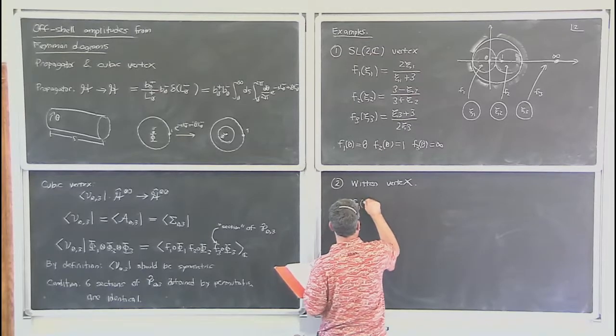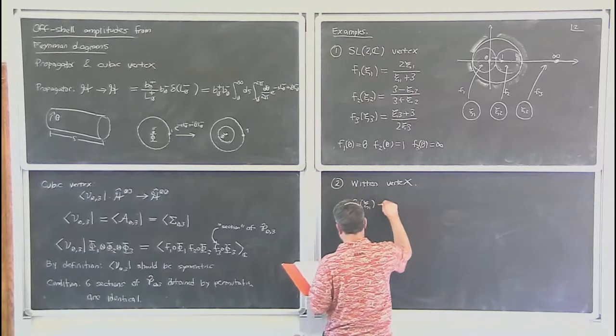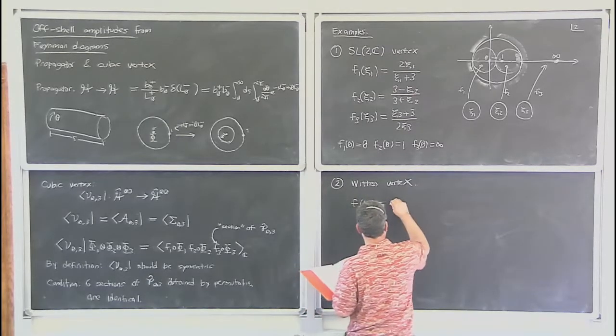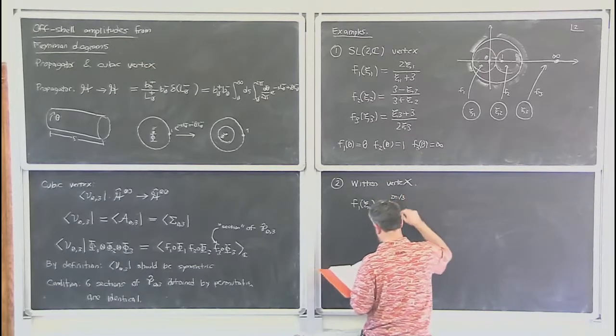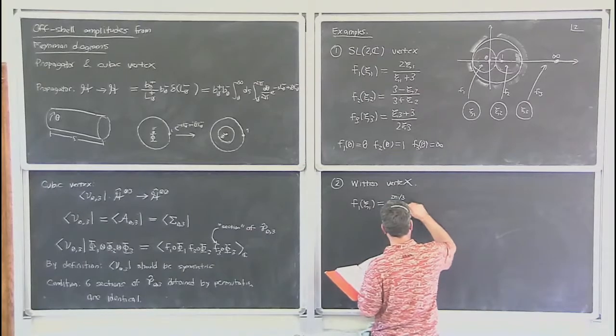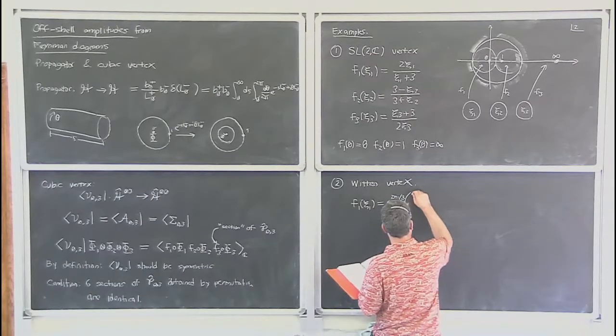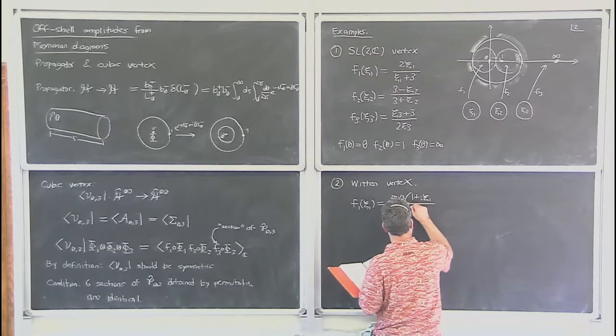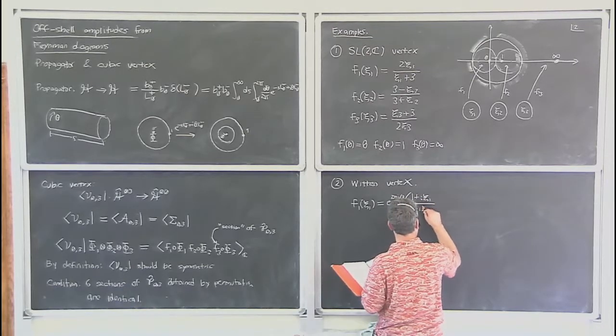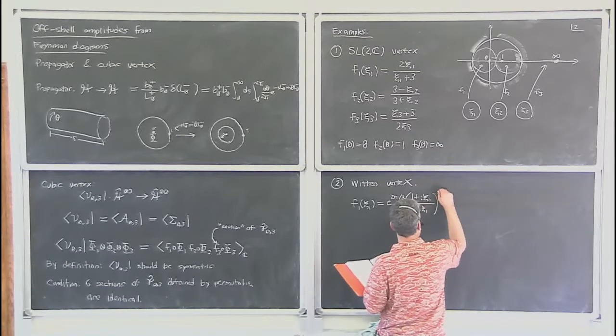F1 of Xi1 equals e to the 2 pi i over 3 times (1 plus i Xi1 over 1 minus i Xi1) to the 2/3.